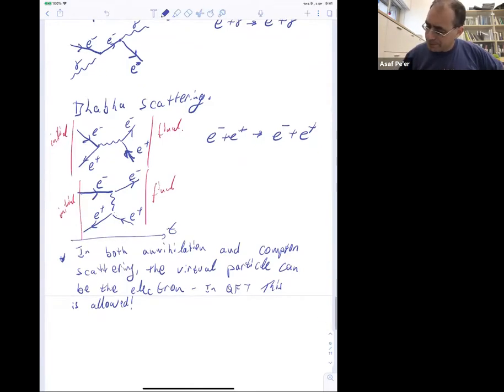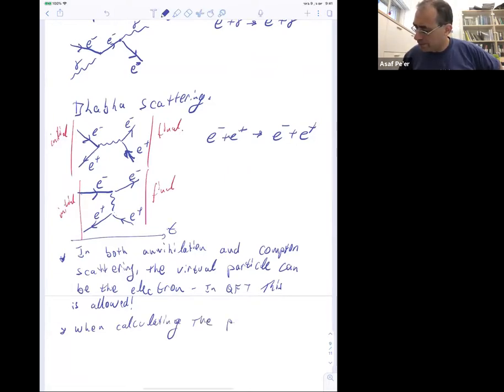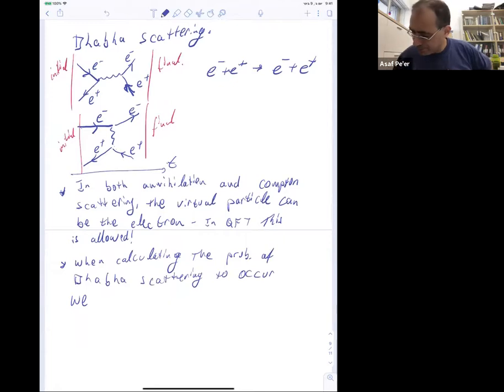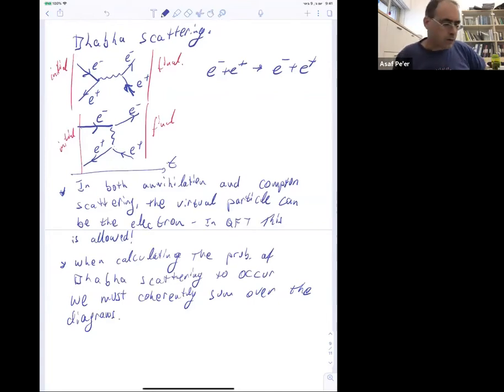When calculating the probability of Bhabha scattering to occur, we must coherently sum. Okay, questions?